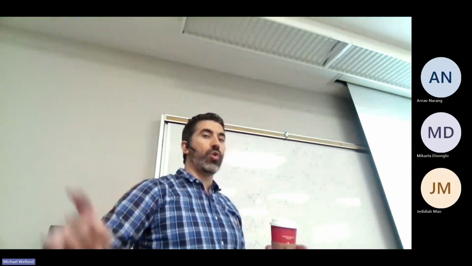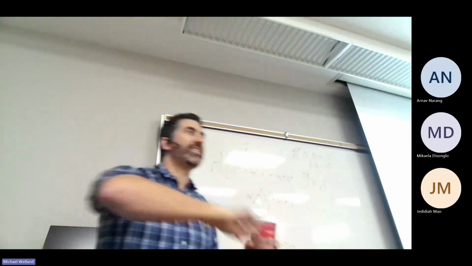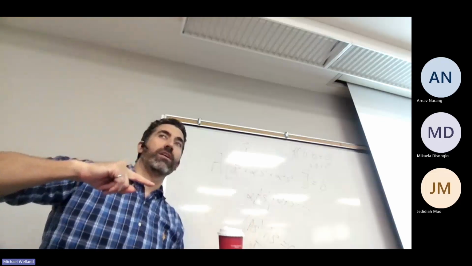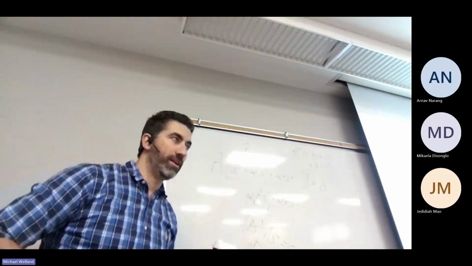And this is how you get the conjugate gradient method. So what you want to do here is make the next step not interfere with the previous one.